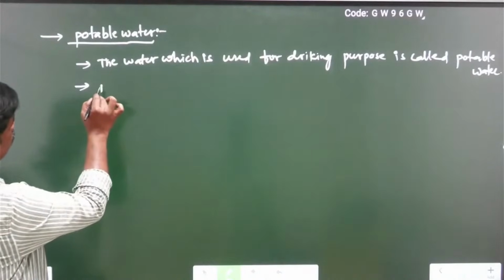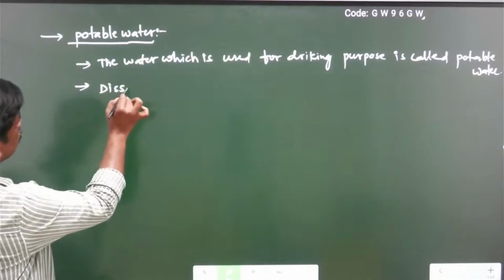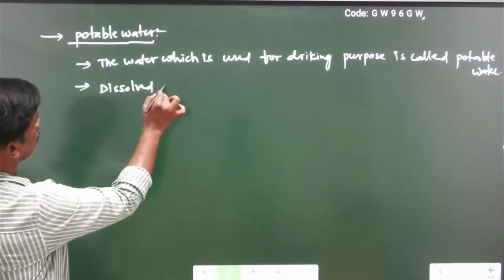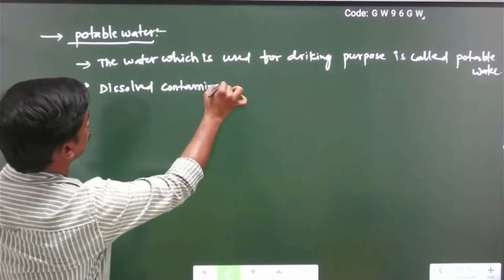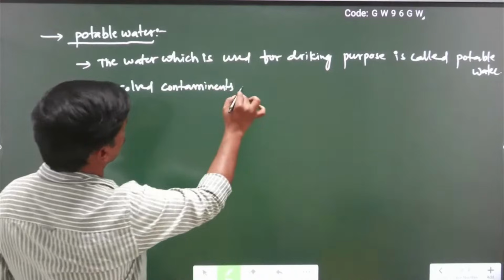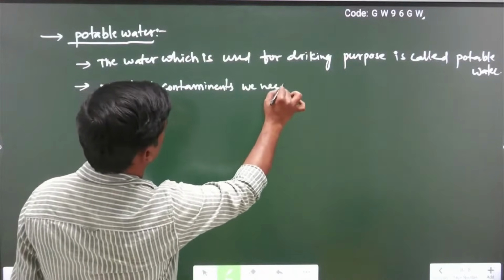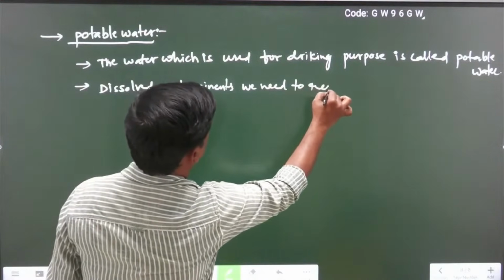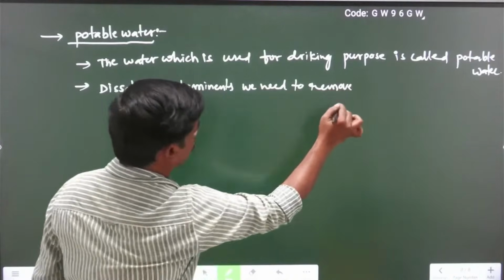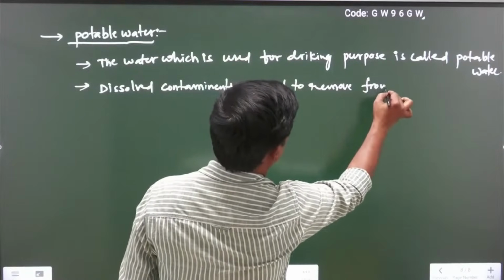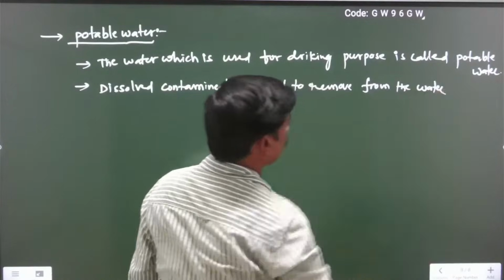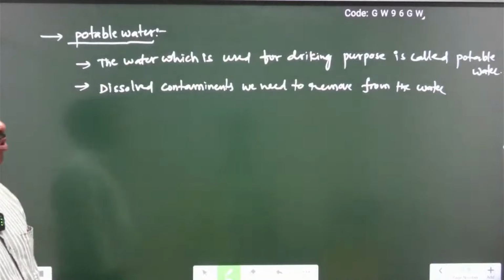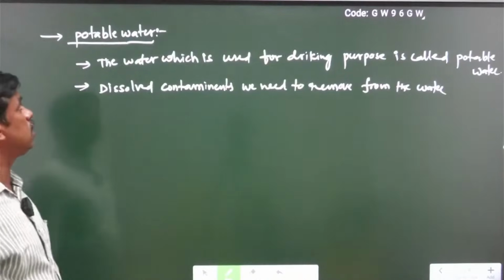Here I am writing: dissolved contaminants we need to remove from the water. All the dissolved contaminants must be removed, then only the water is treated as potable water.